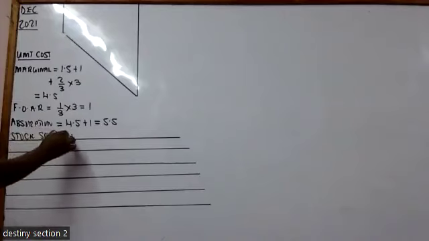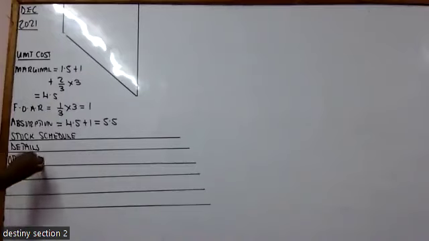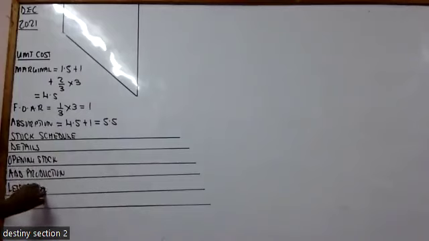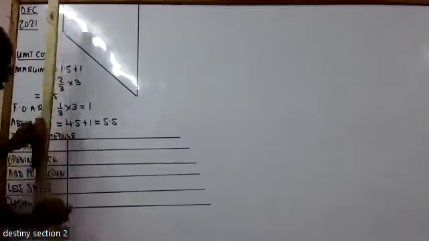In the details, we start with opening stock, add production, less sales, so that you get the closing stock.